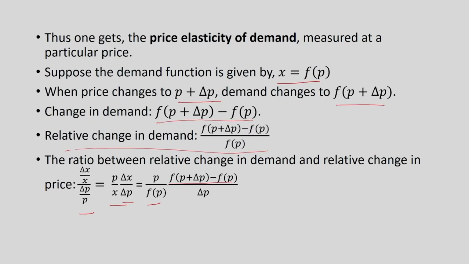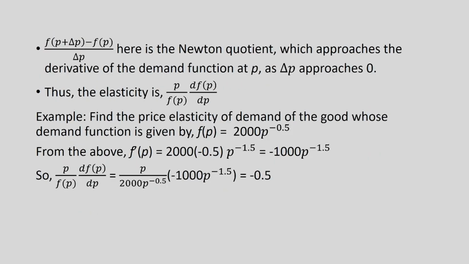Now, this second term here is nothing but the Newton quotient. [f(p + Δp) − f(p)]/Δp here is the Newton quotient, which approaches the derivative of the demand function at p as Δp approaches 0. So, change in the price, you take that as small as possible, Δp approaches 0. Thus, the elasticity becomes this, p/f(p) multiplied by df(p)/dp. So, this is nothing but the derivative of the demand function with respect to the price.